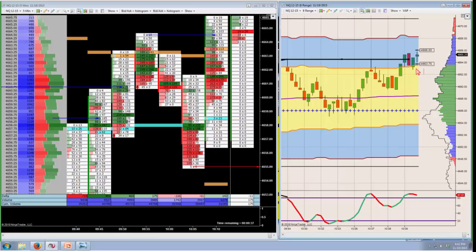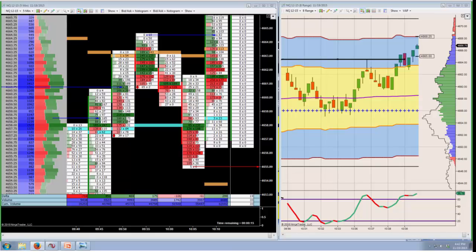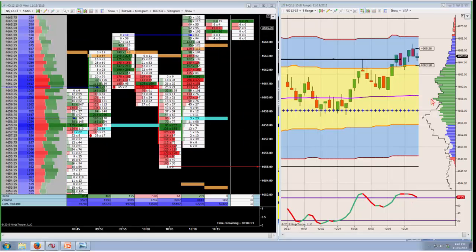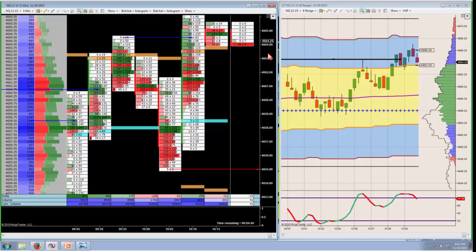And again, looking at this, I do have possibly some divergence right here. So this is telling me I'm probably not going to want to buy this. I'm probably going to want to short it.